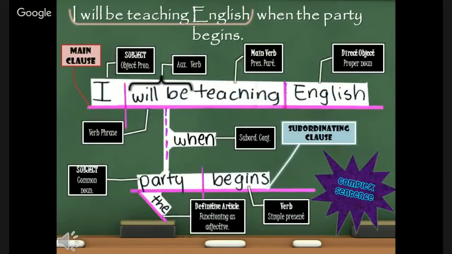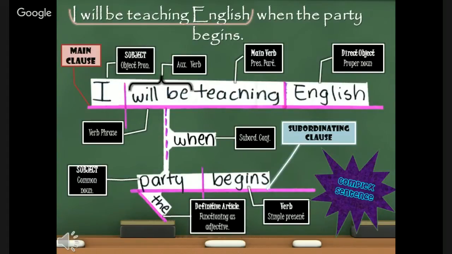In the second example, we have the sentence, I will be teaching English when the party begins. I will be teaching English is the main clause. I is the subject and it is an object pronoun. Will be is the auxiliary verb and is using will to express the future.